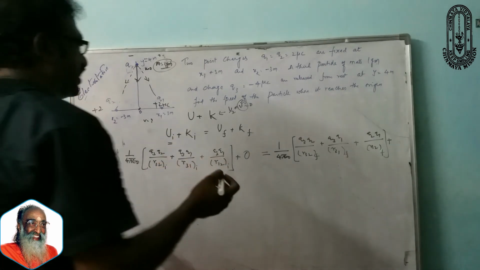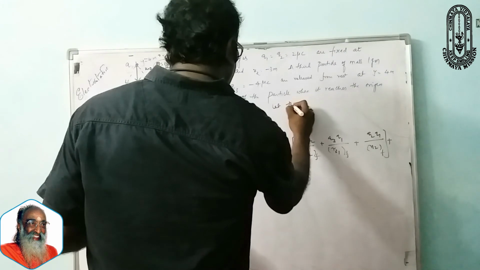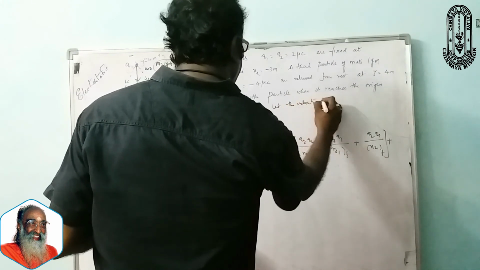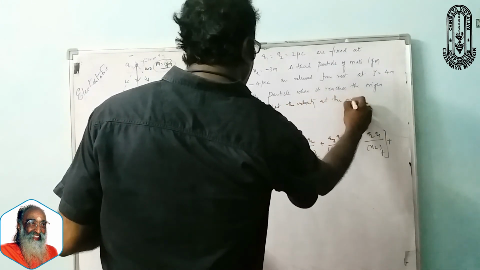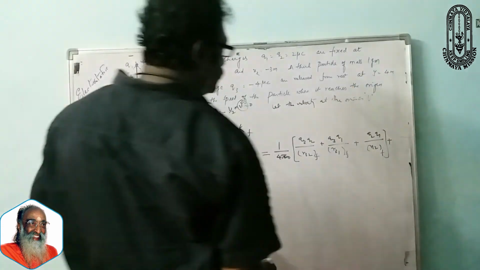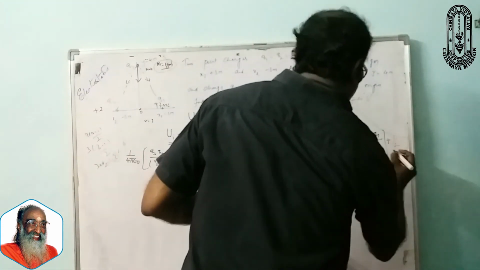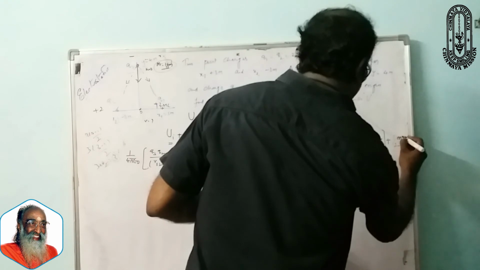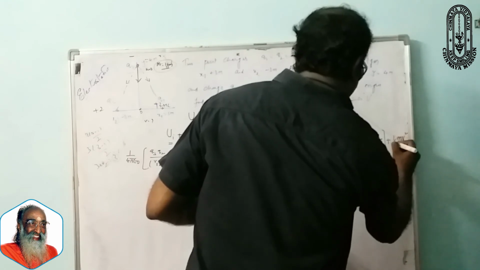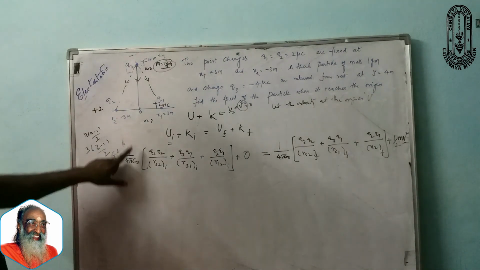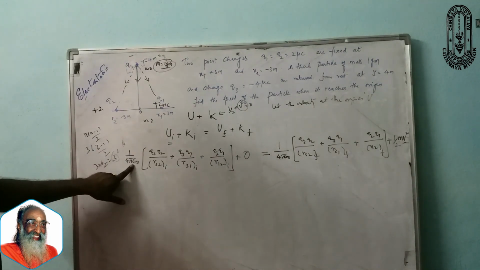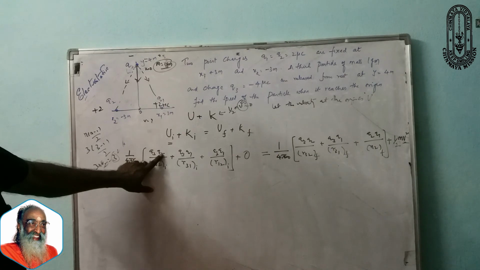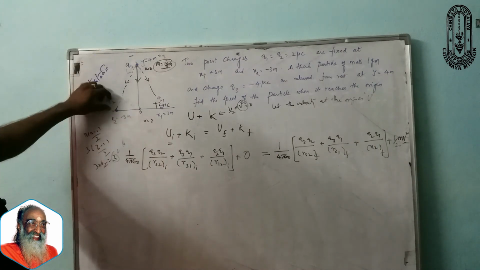Let the velocity at the origin be v. So now it becomes half, its mass is m, and v square. If you look into the equation once here, 1 by 4 pi epsilon naught, you know the value, 9 into 10 to the power of 9. Q3 Q2, Q3 value is there, Q2 value is there.